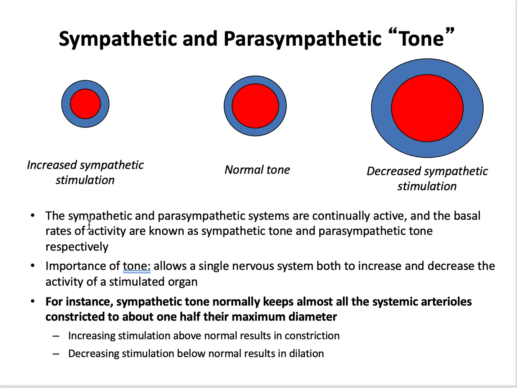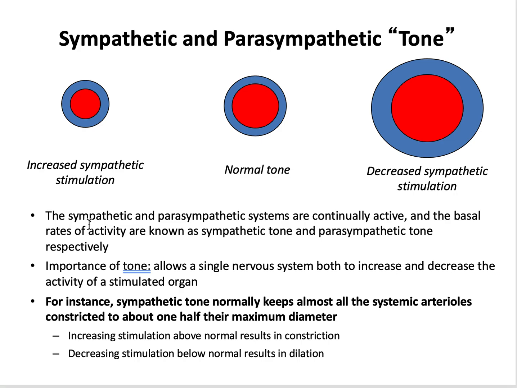Now the concept of sympathetic and parasympathetic tone. What this slide is talking about is the fact that there are some organ systems that might be under the control of the sympathetic or the parasympathetic system primarily or only.